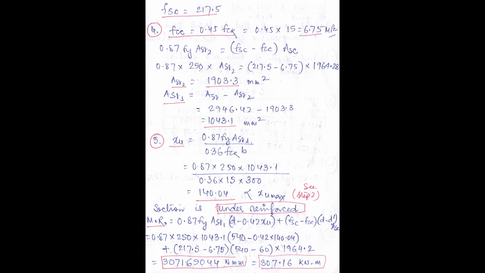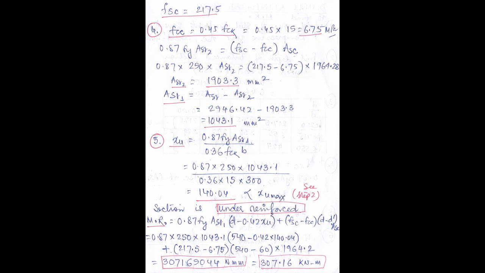Next is what we have to find? The value of AST2. What was the formula? 0.87 Fy AST2 is equal to, within bracket, FSC minus FCC and then ASC. So let us see how we put the value. 0.87 multiplied by Fy. Fy is how much? 250. AST2 is what? We have to find out. Right hand side, FSC is what? 217.5.